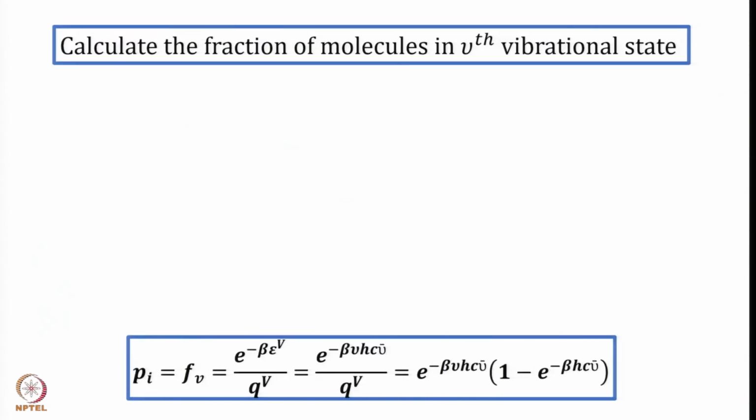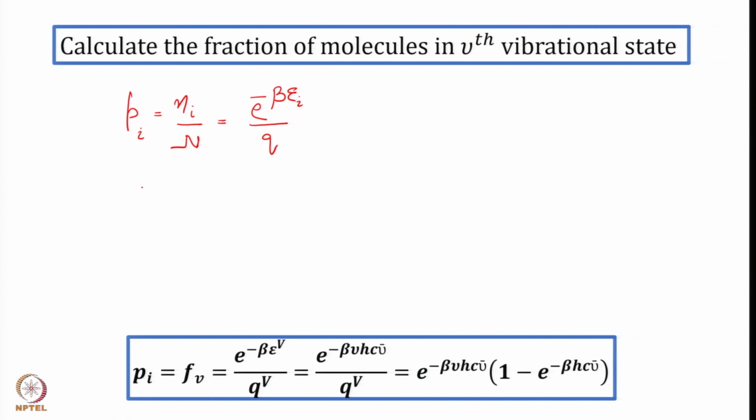Continuing this further, it also says calculate the fraction of molecules in the Vth vibrational state. Fraction, population Pi is equal to Ni upon N, which is equal to exponential minus beta Ei upon Q, that we know.